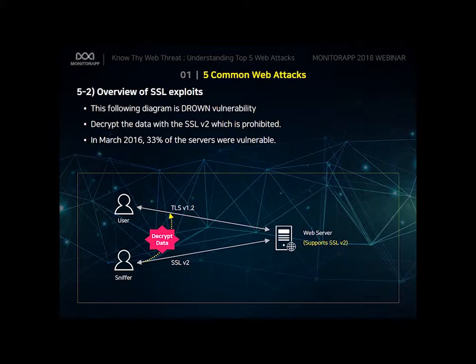When the key value of the server is stolen, the communication between the user and the server can be 100% decrypted, meaning that the attacker may have full access to the data. These attacks obviously target servers that still support SSL version 2, drastically increasing the dangers of encrypted traffic.